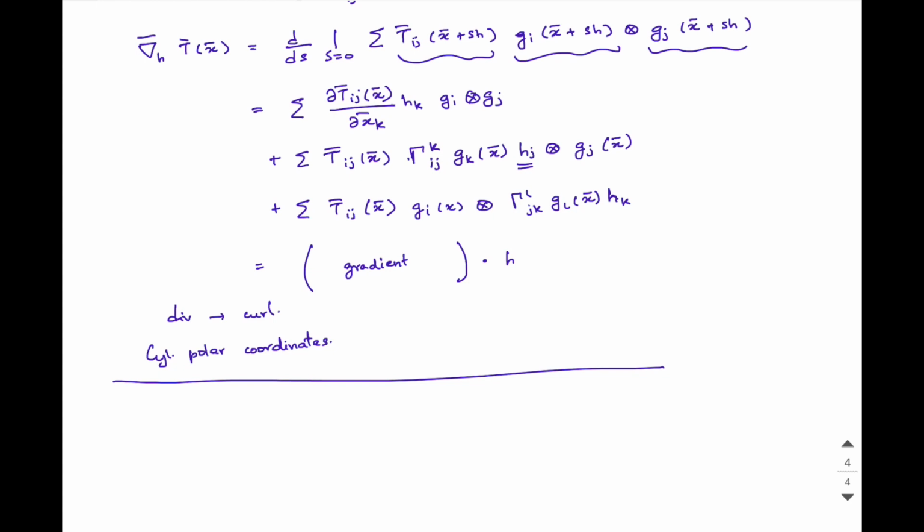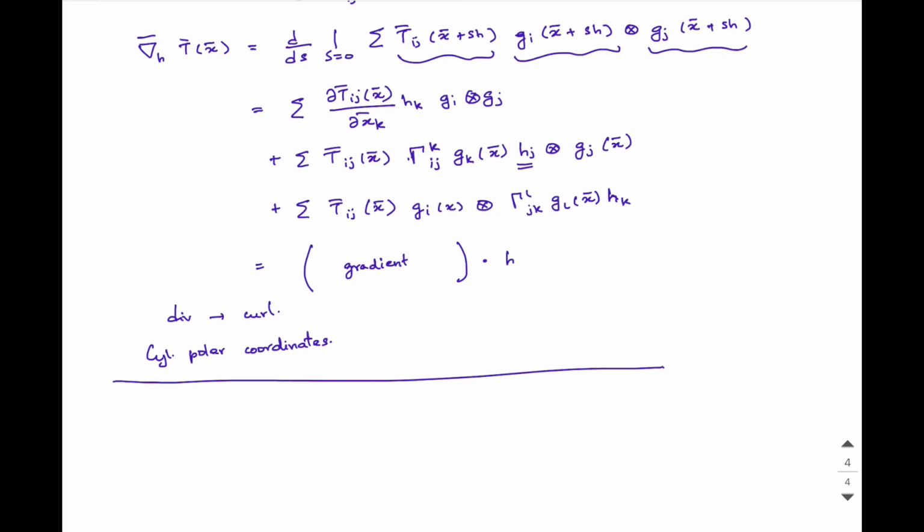The most common ones are the cylindrical polar coordinates and the spherical coordinates. I have given some illustrations of the cylindrical polar coordinates here, but the spherical coordinates can also be done in exactly the same manner.